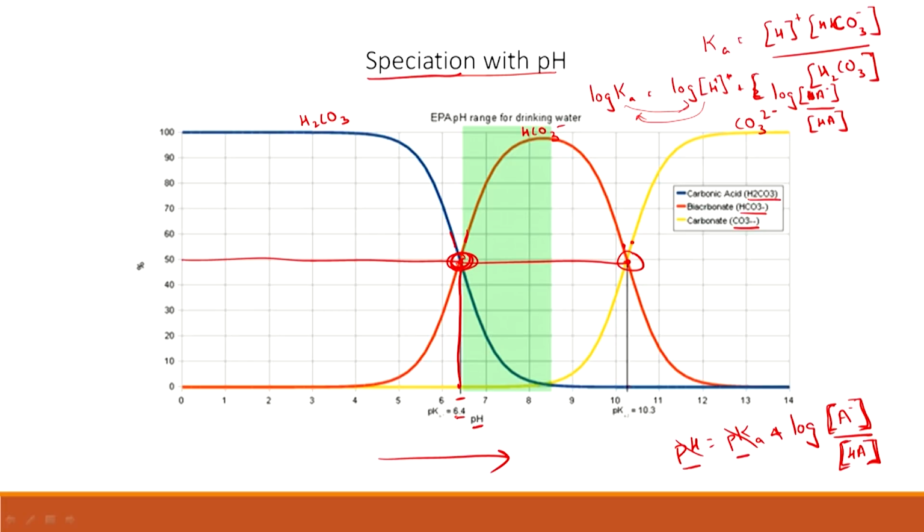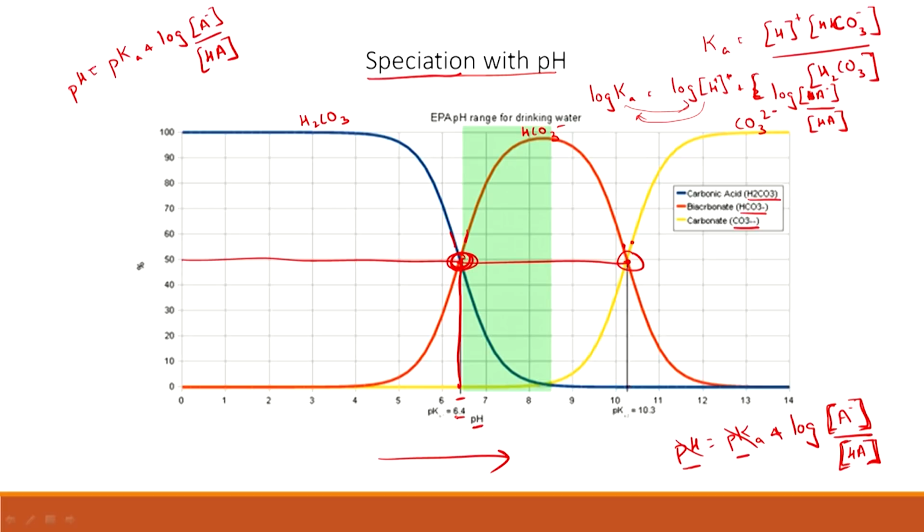Here we have pH is equal to pKa plus log A minus by HA, deprotonated by protonated form, let us say. When the pH is less than the pKa by 1, what does that mean?